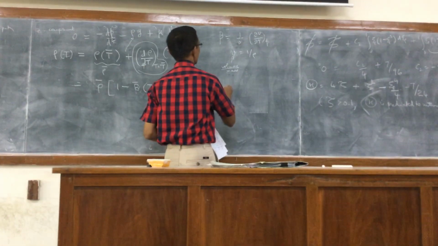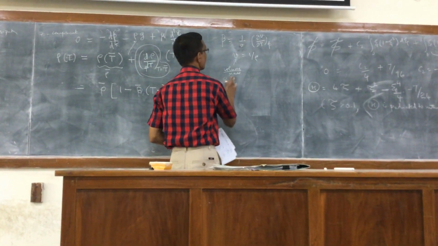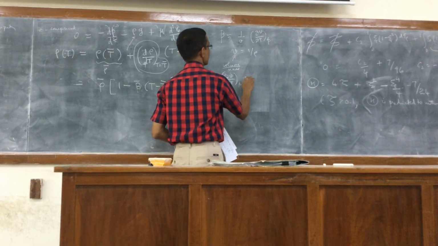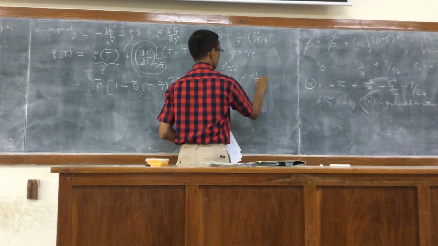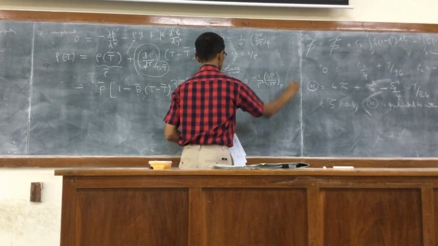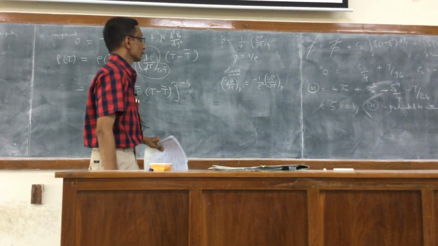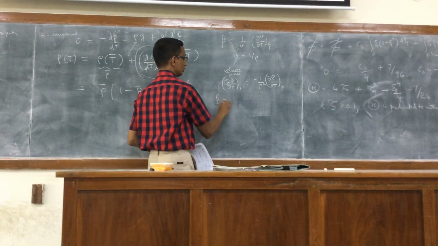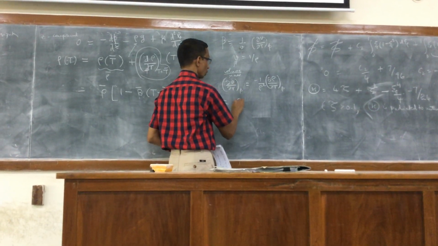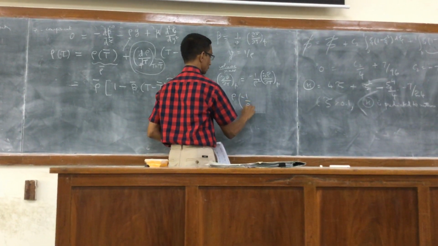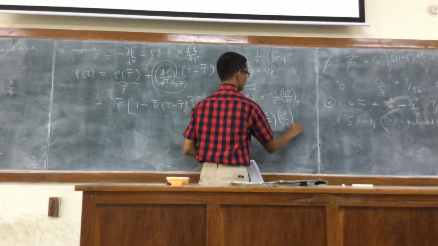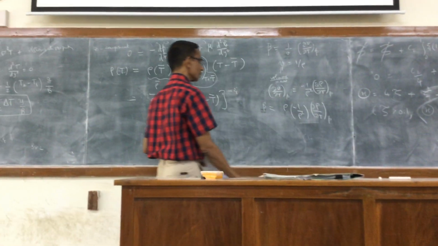And so this can be written as dV by dT, which is clearly equal to minus 1 over rho square d rho by dT. Right, so beta itself would be 1 over V, which is simply rho, times minus 1 over rho square d rho by dT, also at constant pressure.